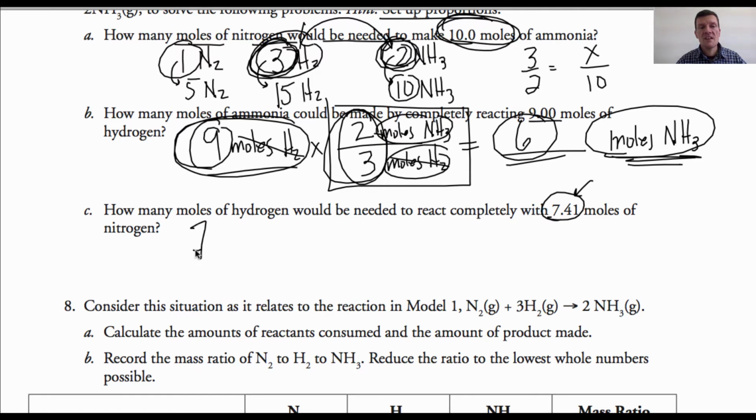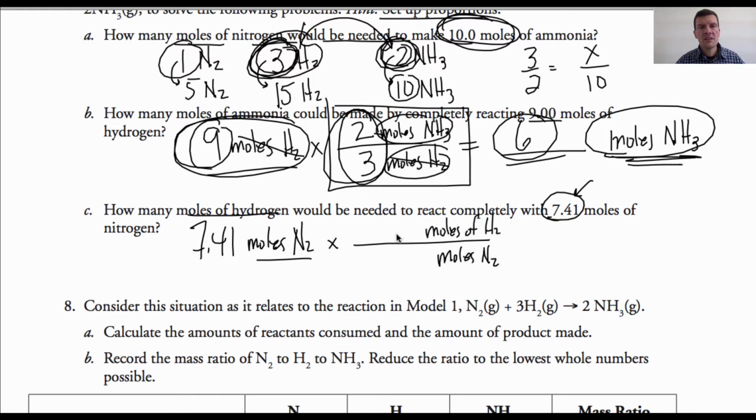Okay, so we've got 7.41 moles of nitrogen. Write that down, what is given. Now I want to set up a mole ratio. I am going from moles of nitrogen, so that goes in the denominator, and I want to find moles of hydrogen. That goes in the numerator.